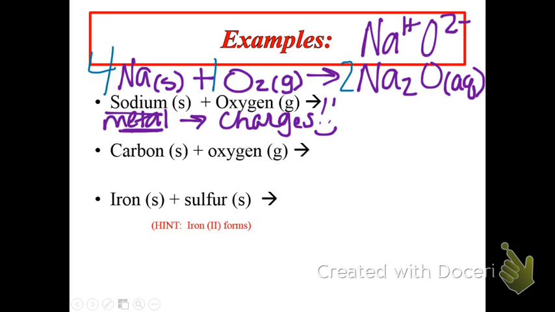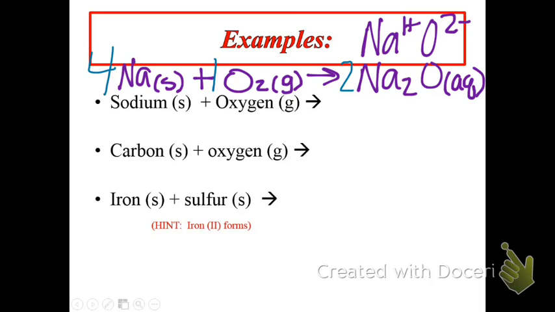Alright, so there's the example of the one with the metal. Let's talk about what happens if you have here a non-metal, like carbon. Excuse me.